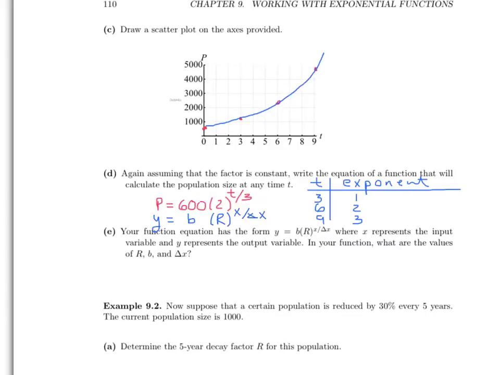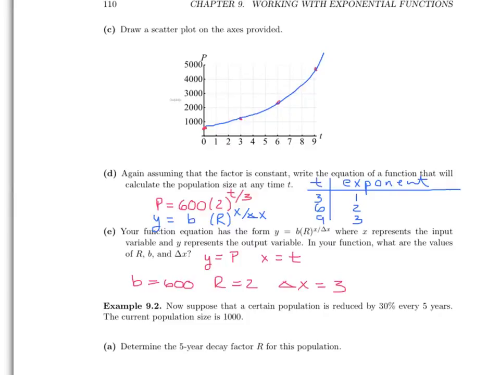If we compare these two equations, you should be able to see that the y value is being replaced with a P, the x value is being replaced with t, the b value is 600, the r is 2, and the delta x is 3. So hopefully you can see that these two equations are exactly in the same form.